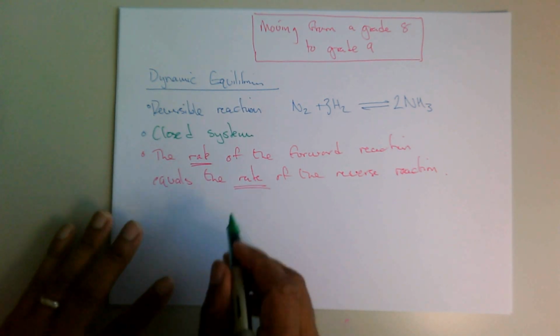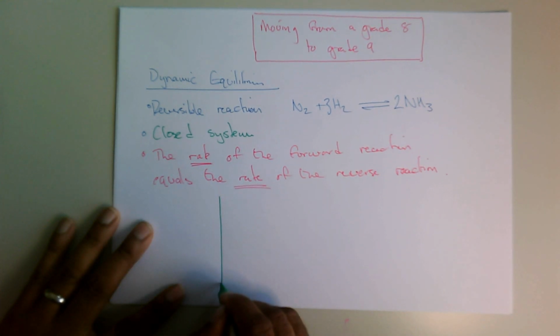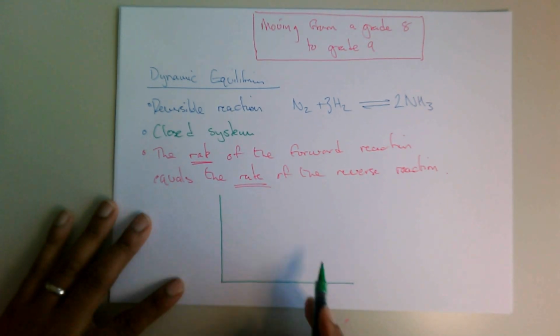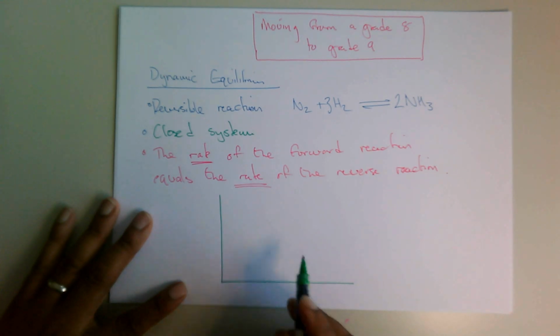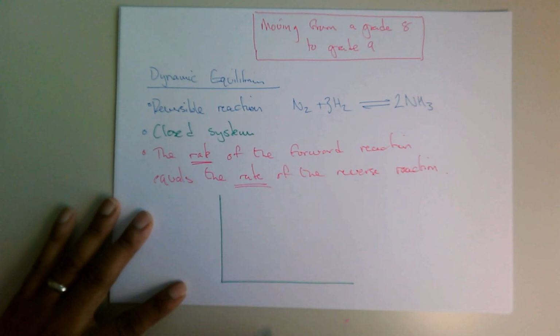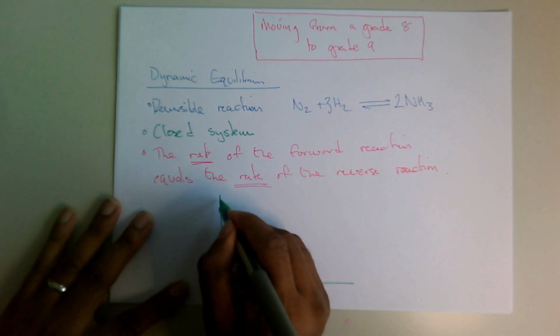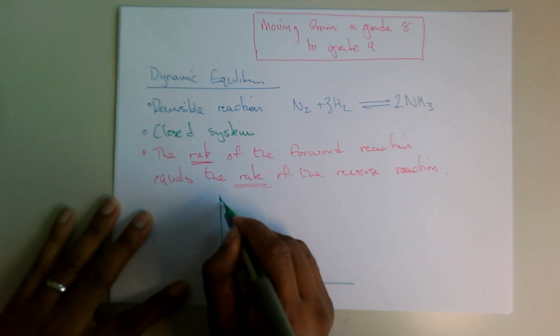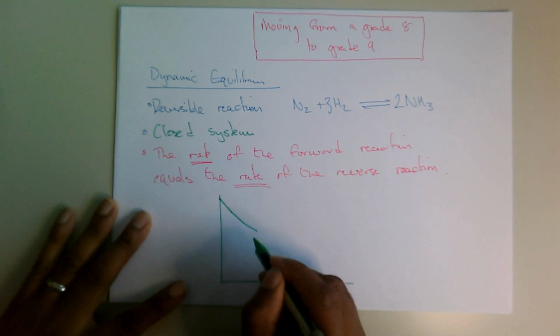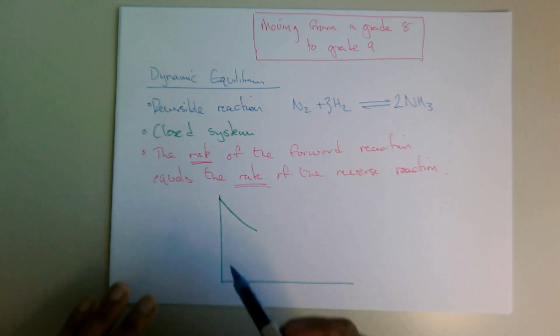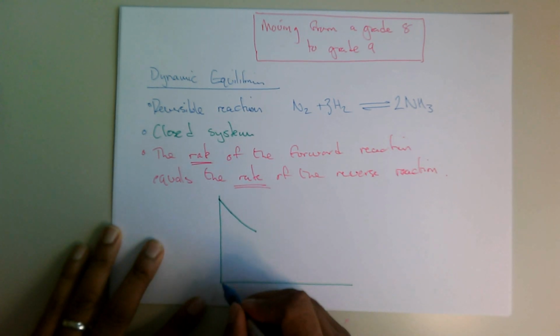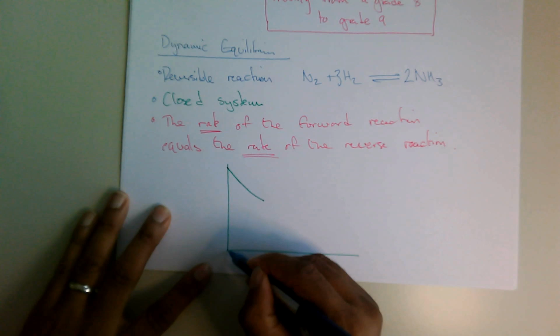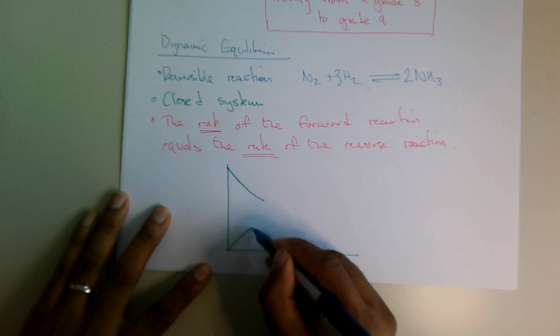Often you might see a graph here where you've got a certain amount of reactant, and as the reaction proceeds, the reactant concentration goes down, and at the same time you will have product, which you've got 0 to start off with, that will start to increase.